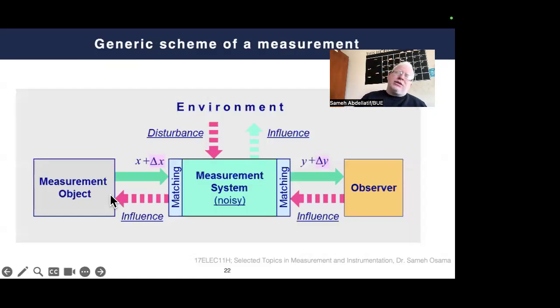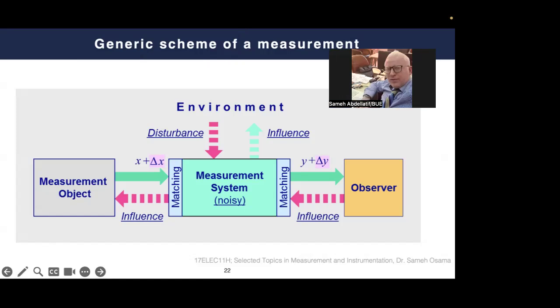Referring to our system, I think we already saw this block diagram in the beginning of the chapter. In general, measurement systems consist of three main blocks. First, we have the measurement object or the phenomenon to be measured.